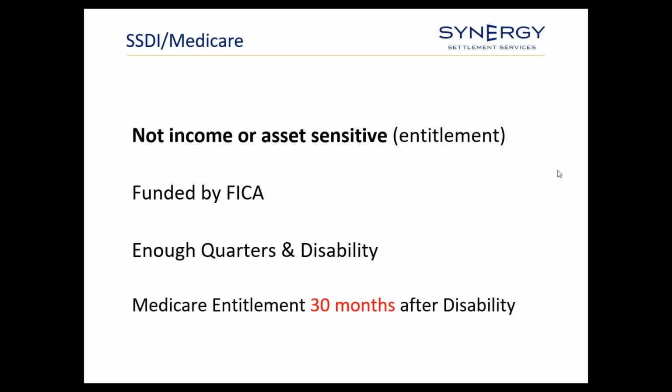So SSD and Medicare are a little bit different. They are not income or asset sensitive. They are based on you actually paying for those. So in order to qualify, you have to have worked enough quarters and have been in the system long enough to qualify for those through your paycheck deductions. Once you get it, it's funded through your FICA tax. Once you are eligible, if you become disabled, you typically would not qualify for SSI.